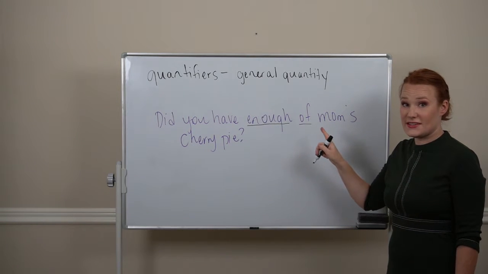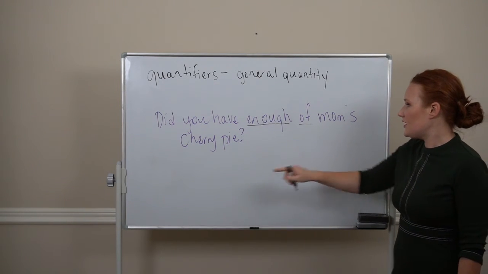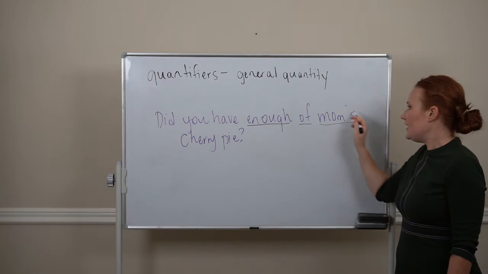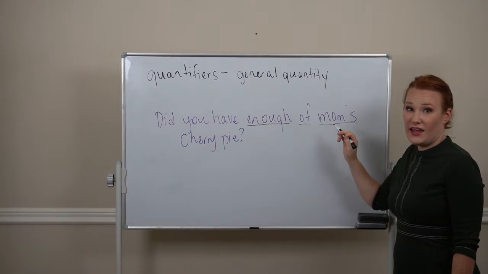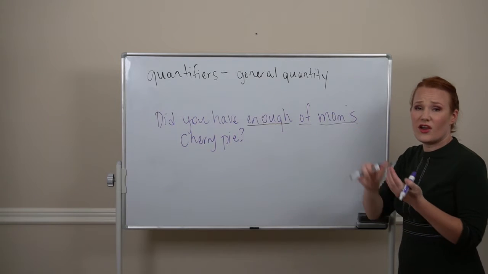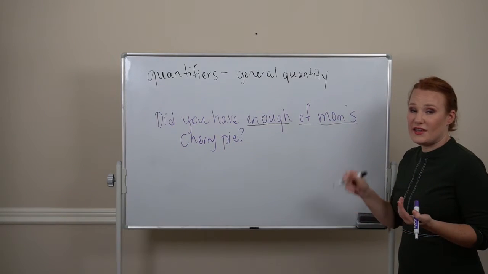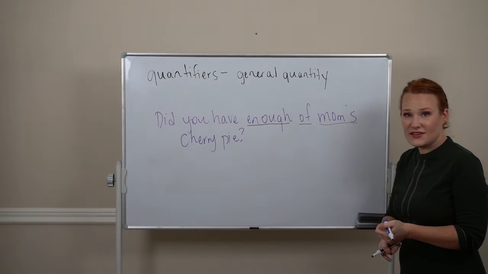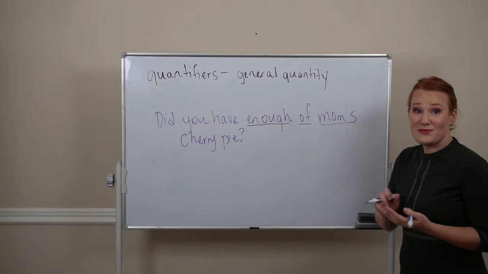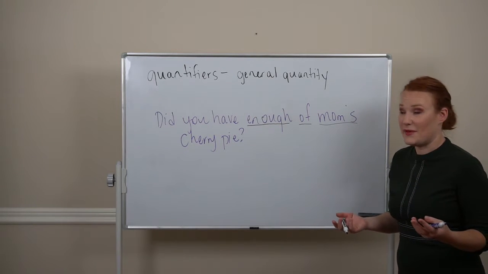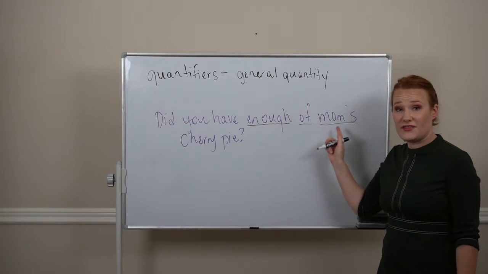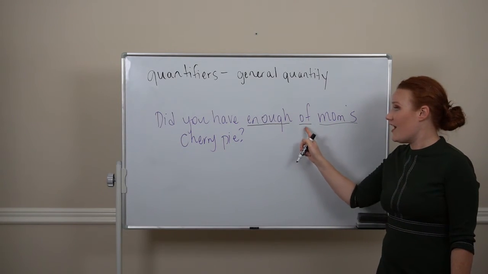And this is going to be necessary in a few situations. Notice it's not just cherry pie, it's Mom's cherry pie. Here we have a possessive, and this is what we call a determiner. Determiners can be articles like the or a. They can be possessives or possessive adjectives. They could be demonstratives like this, that, these, those, or they could be both, either, and neither that we've already talked about. So when we're getting more specific about that noun, using one of these determiners, we have to put in of before it.